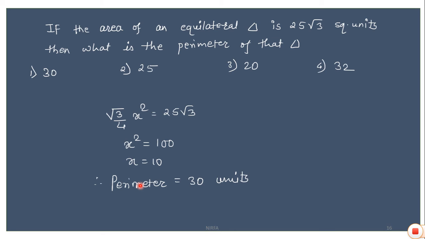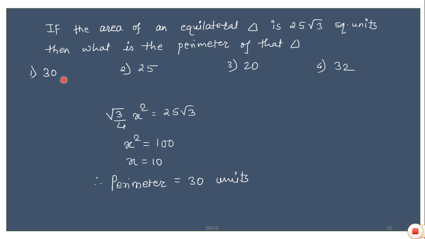Already we have assumed that the side is x, therefore we can write the area of the equilateral triangle like this, and it is given to you. So root 3 gets cancelled, 4 transfers to this side, you will get x square equal to 100 and x equal to 10, and therefore the perimeter is 30, and therefore option number 1 is the right answer.